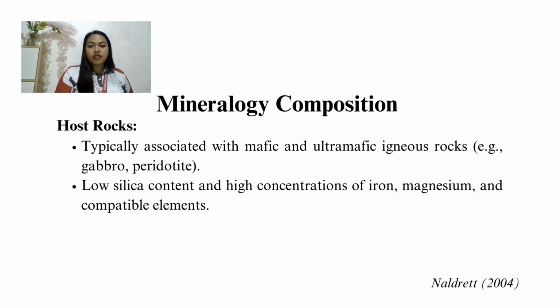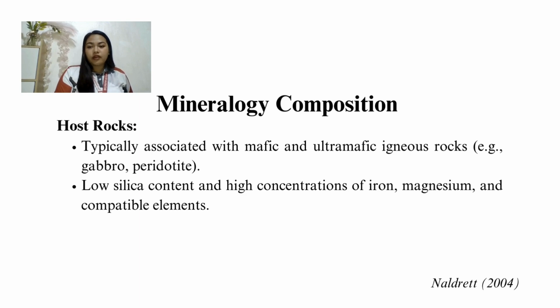The mineralogical composition of magmatic deposits is closely linked to the types of host rock in which these minerals are formed. These deposits are typically found in mafic and ultramafic igneous rocks such as gabbro and peridotite. These types of rocks are characterized by their low silica content and high concentration of iron and magnesium and other compatible elements.